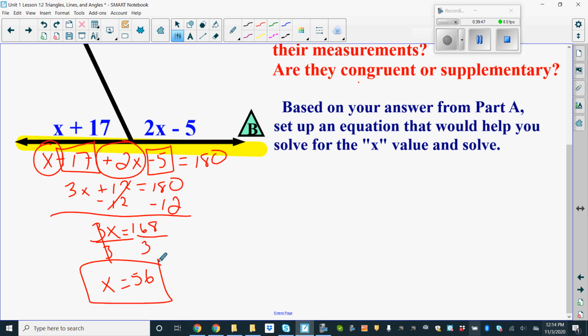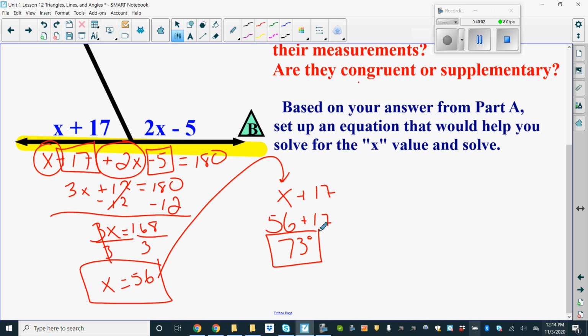To solve for the smaller angle, we take x plus 17. We substitute it in. 56 plus 17 is 73 degrees. And then we have 2x minus 5. We substitute 56 into there. 2 times 56 minus 5.